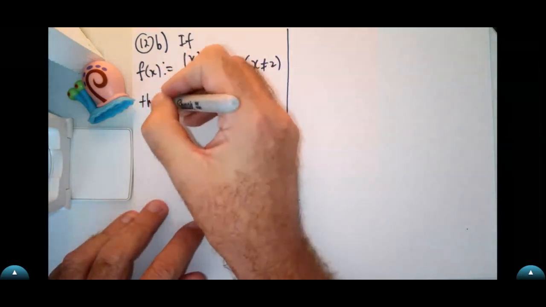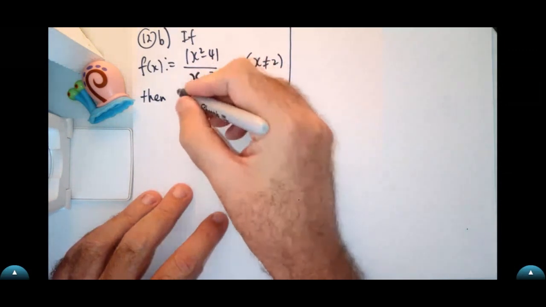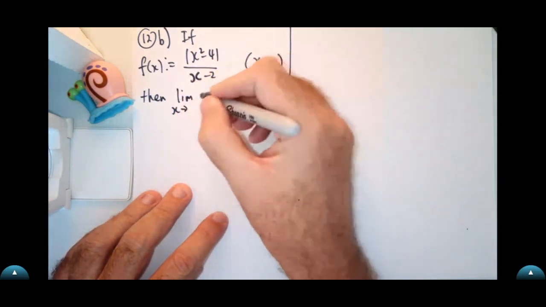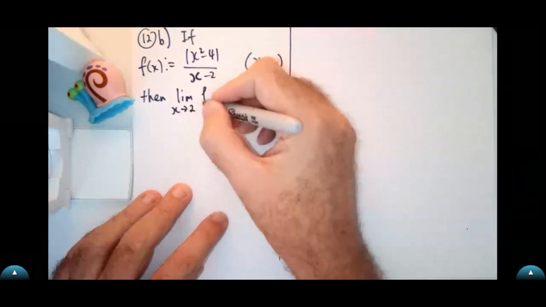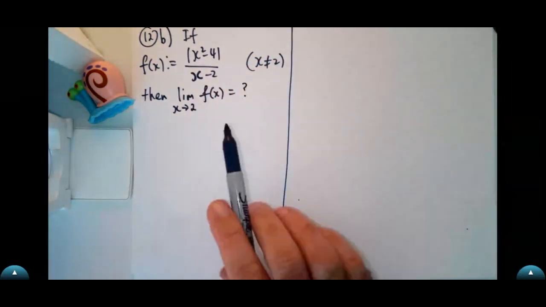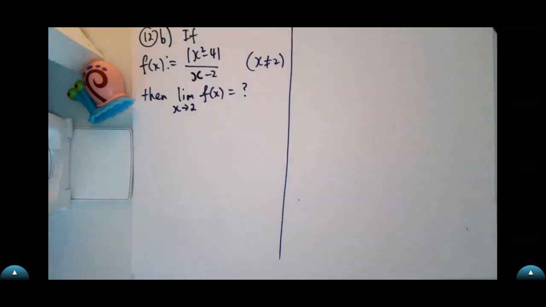Then let's consider what happens as x approaches 2. Now we know from the graph that this thing doesn't exist, right? But let's actually go through it and work it all out.